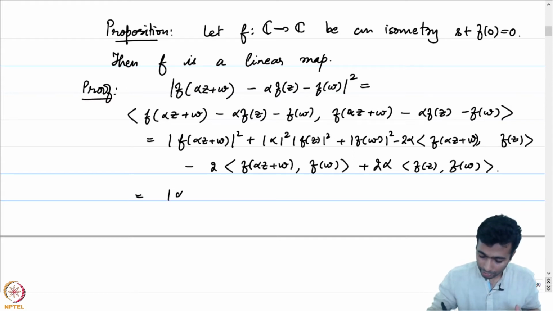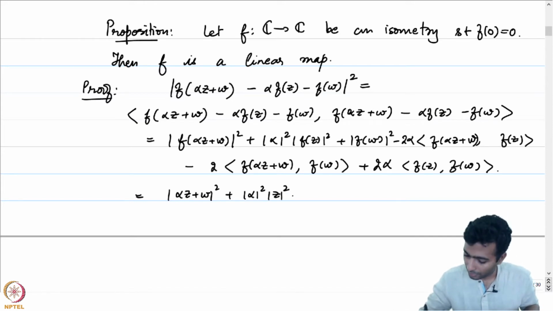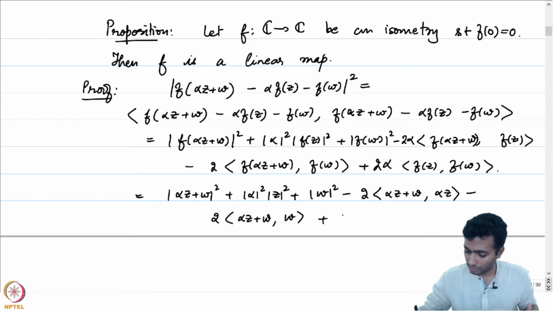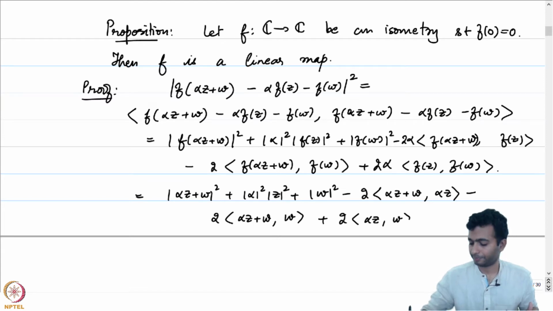So this is going to be the absolute value of alpha z plus w the whole square plus mod alpha square times mod z square, where mod is the absolute value, plus the absolute value of w square, minus 2 times the inner product of alpha z plus w with alpha z, because it preserves the inner product and I've pushed the alpha inside, minus 2 times the inner product of alpha z plus w with w, plus 2 times the inner product of alpha z and w.